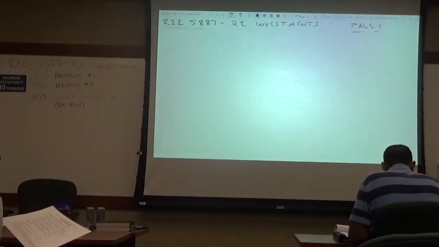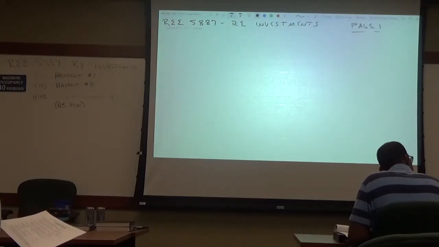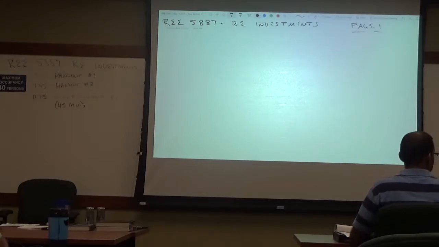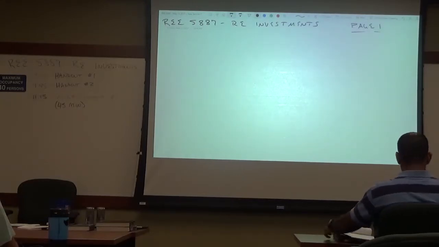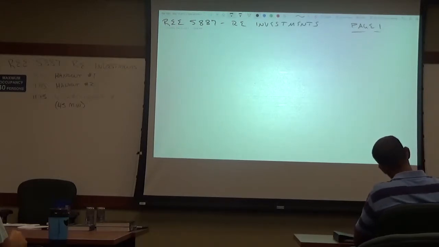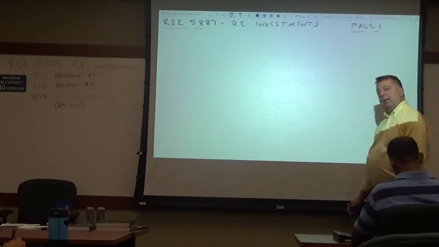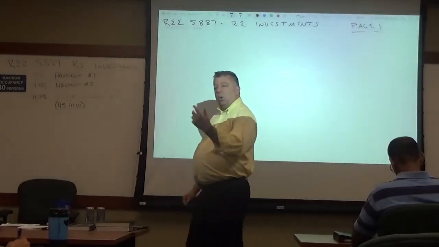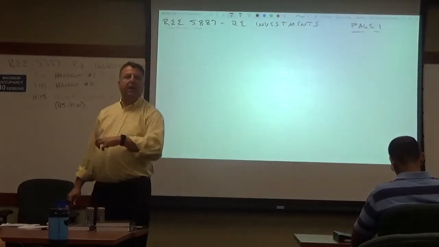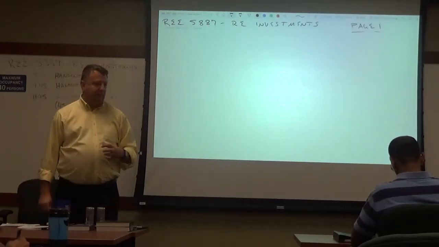Okay? Now, in terms of the content of the course, just to go over that a little bit. This course is what we call a course focused on the equity side. The real estate finance course is focused on the debt side of the business. So what do we mean by that? Well, the debt side of the business is all about loans, okay? All about borrowing money. The equity side is about where do you get investment funds from? Who do you get them from?